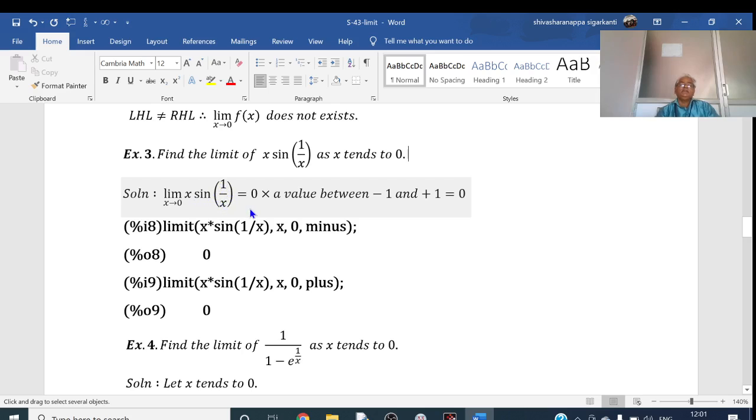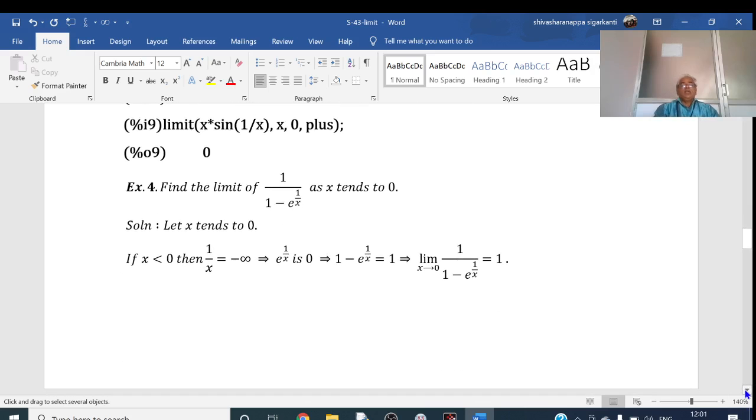So 0 into a finite value lying between minus 1 and plus 1 is equal to 0. Therefore, the limit of x into sine of 1 by x is equal to 0.